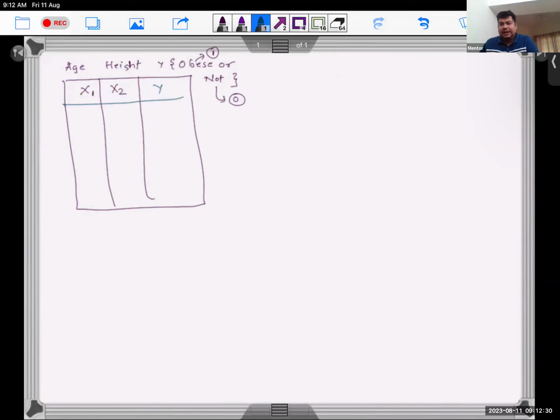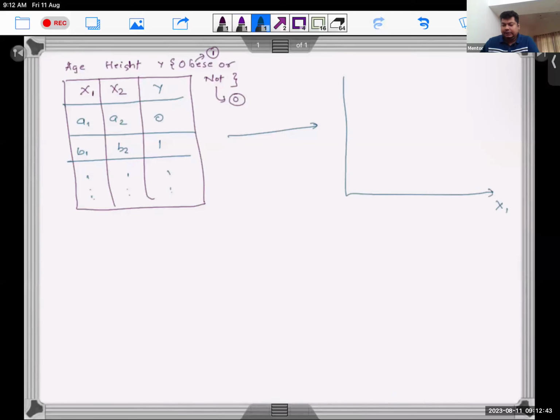Now, I'll have some samples. Let's say these samples are A1, A2, say 0, B1, B2, say 1, and so on. So you have a lot of these samples. I'm just going to draw this scatter plot that we discussed yesterday. We have a 2-dimensional figure where we have 2 features, x1 and x2. This is age and this is height.